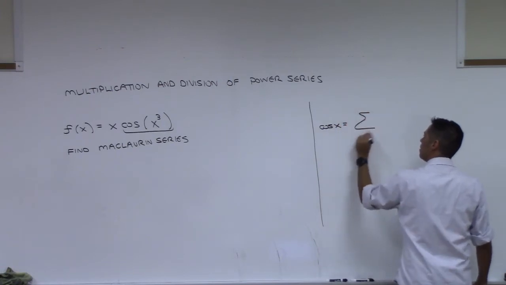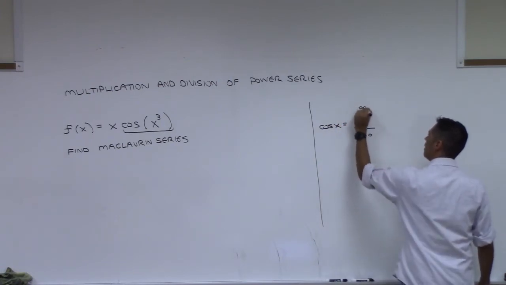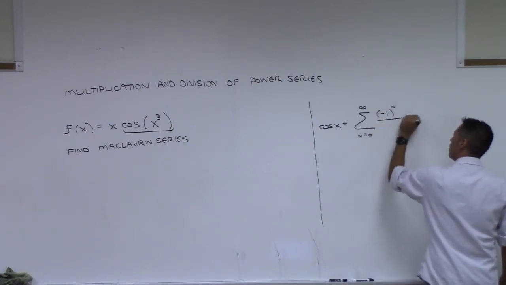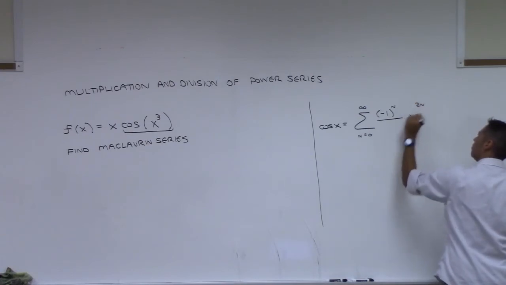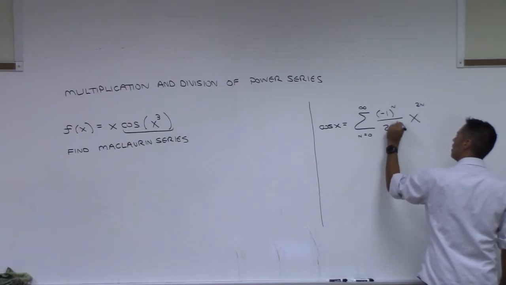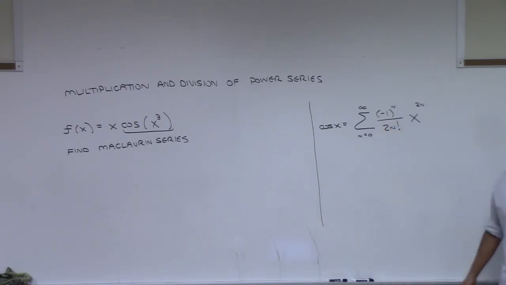It's the sum n equals 0 to infinity of negative 1 to the n, x to the 2n, over 2n factorial, right? That's our cosine.